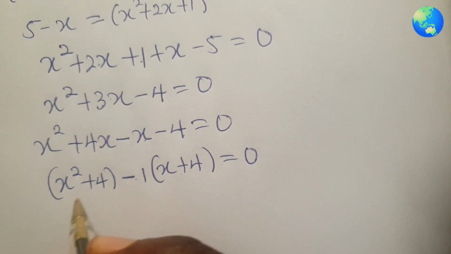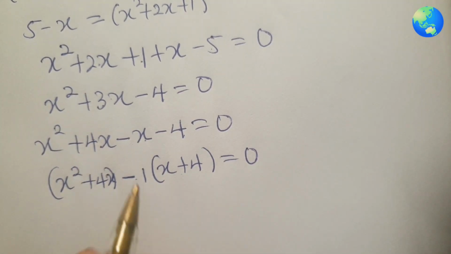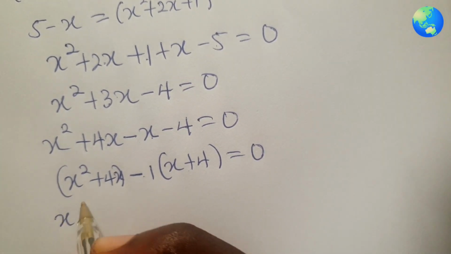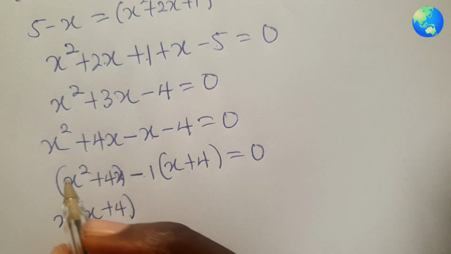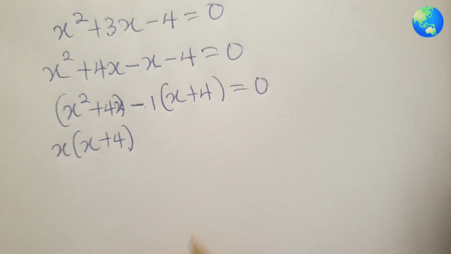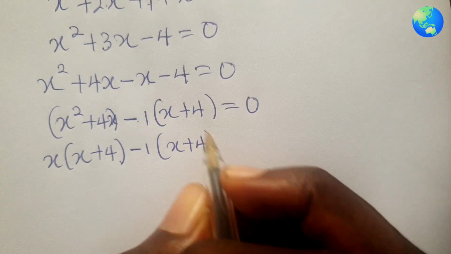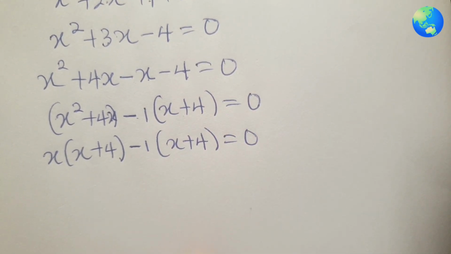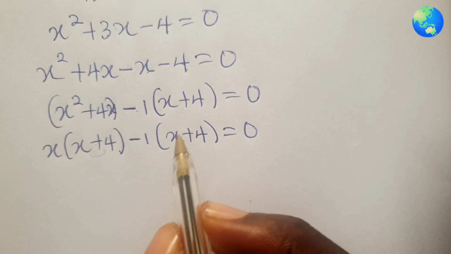So let's factor out x. This is x into x plus 4, that's if I factor out x, since it's common here. Then we have minus 1 into x plus 4. Everything equals 0. But now notice we have x plus 4 here and x plus 4 here.